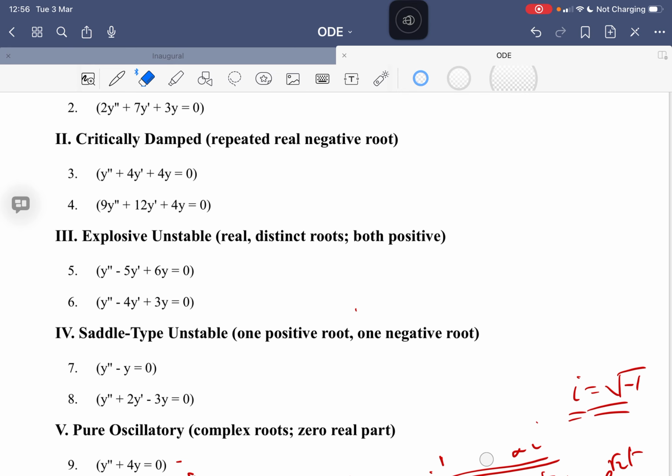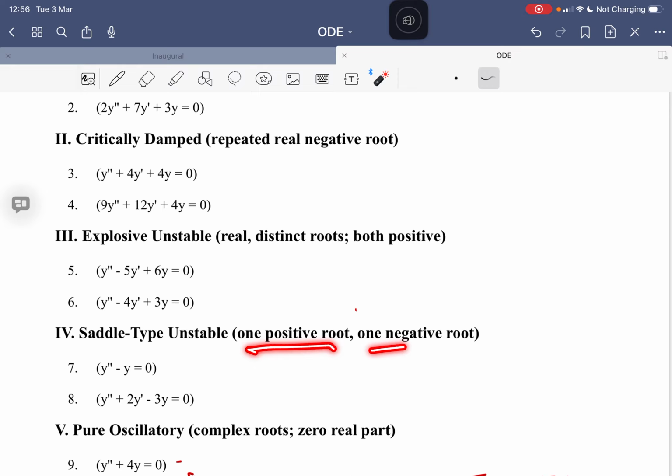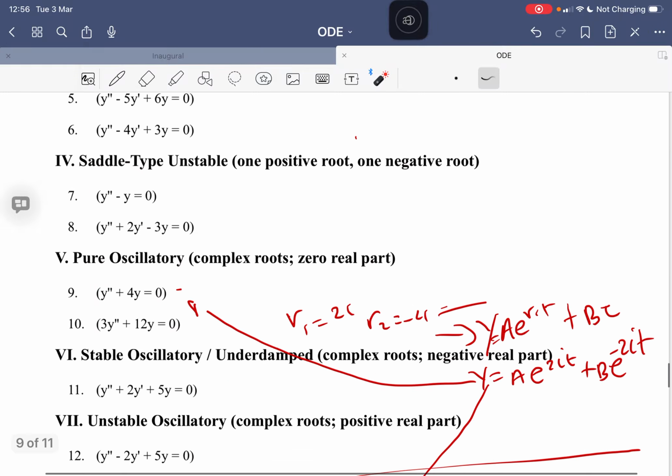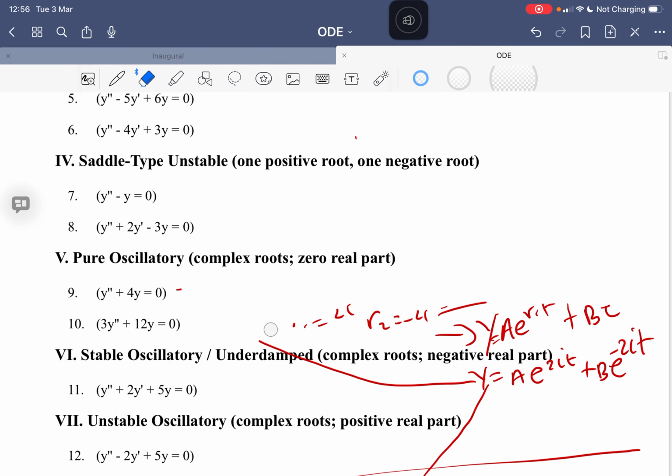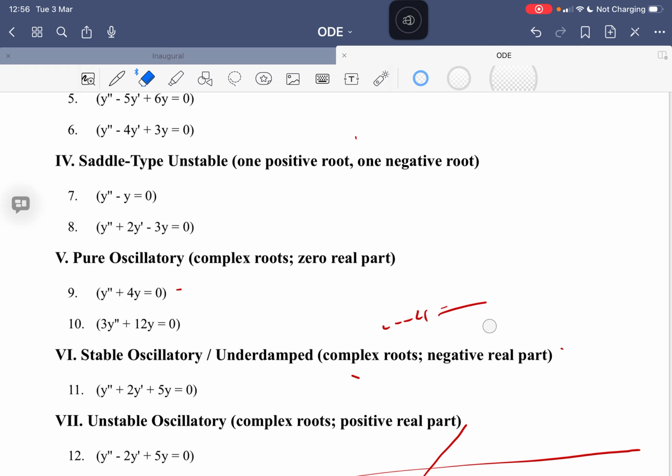And anytime we have roots where one is positive and one is negative, we have a saddle, unstable because of the positive root. The negative is somehow trying to stabilize, but we have a saddle case, right? And anytime all of our roots are complex, then we have pure oscillation there, pure oscillation.